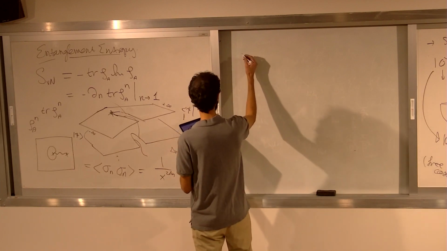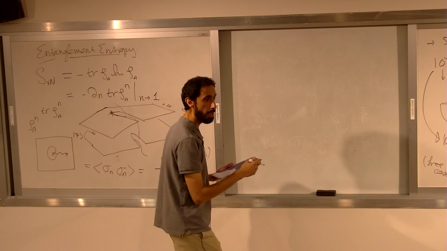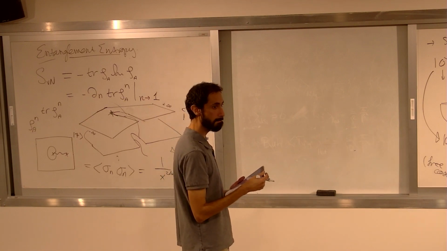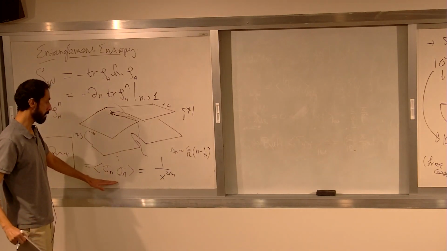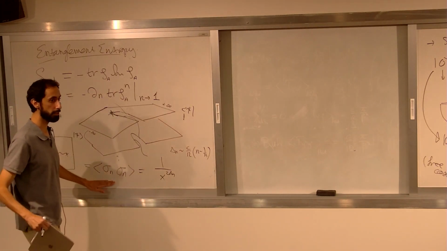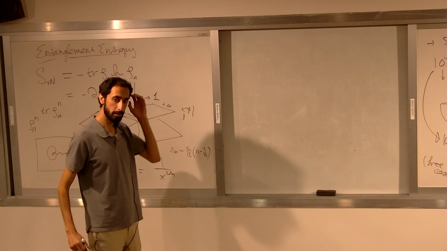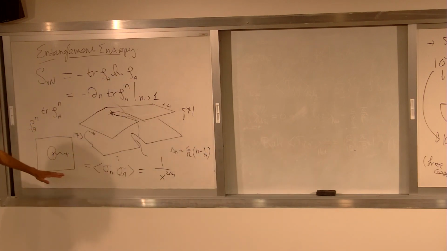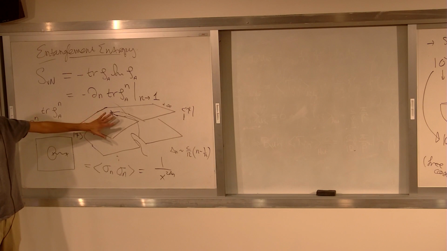Anyways, the upshot is the following. Are you starting with some conformal field theory? Yes, definitely conformal field theory. What I'm saying is that trace rho to the n is computed by evaluating the partition function here.